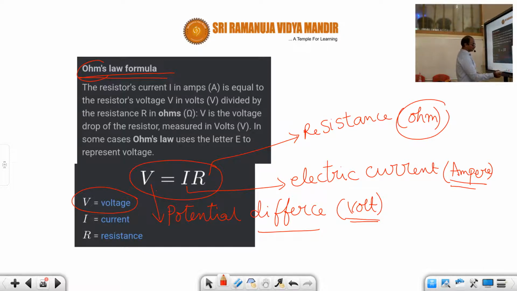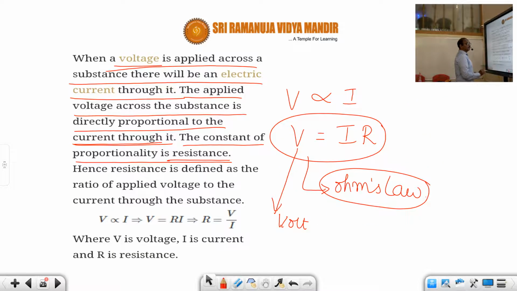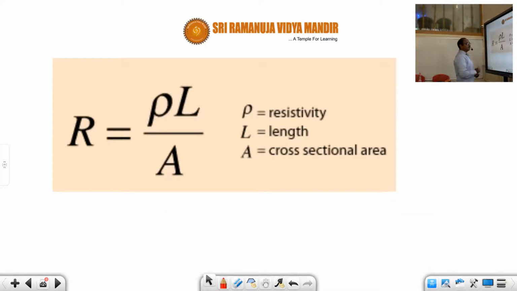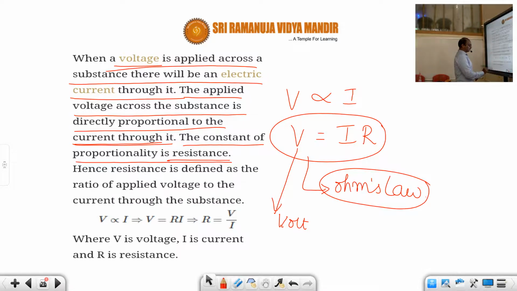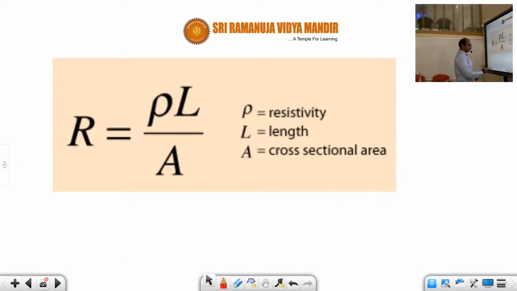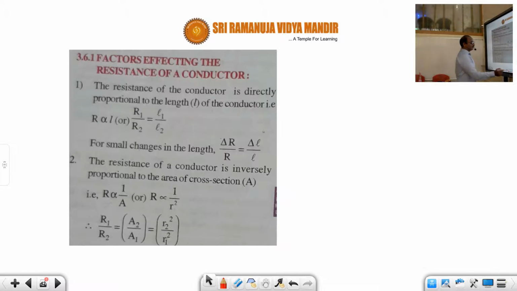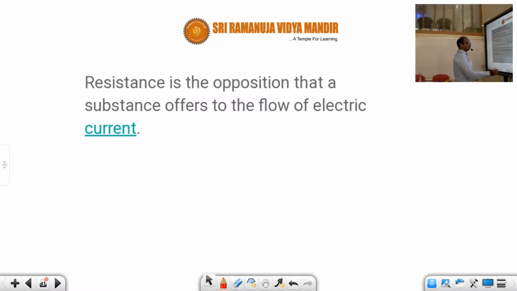Now in this class we mainly focus on resistance. So what do you mean by resistance? On what factors will the resistance depend? So this is the resistance formula. First we look at the definition of resistance.